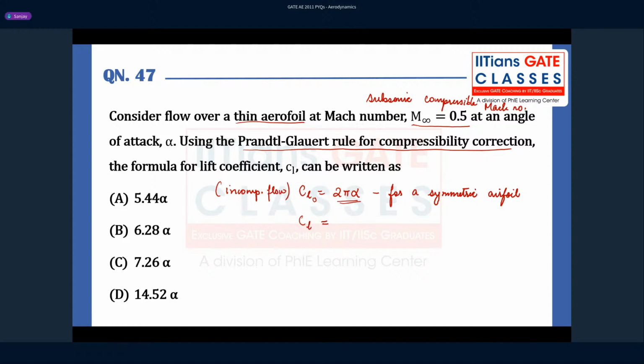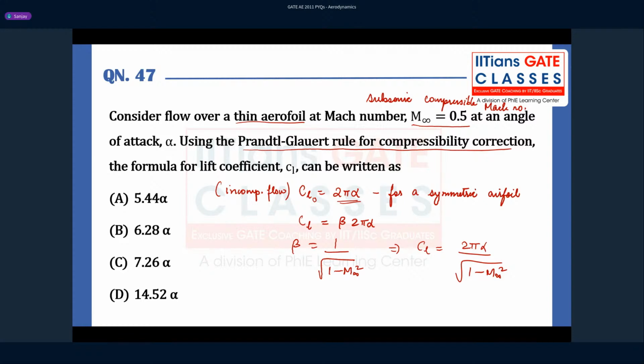When you include the compressibility correction, you multiply this with a factor beta. What is this beta? The compressibility factor. This compressibility factor for a subsonic compressible flow is generally 1 by root of 1 minus M infinity square. So now your CL becomes 2 pi alpha by root of 1 minus M infinity square.